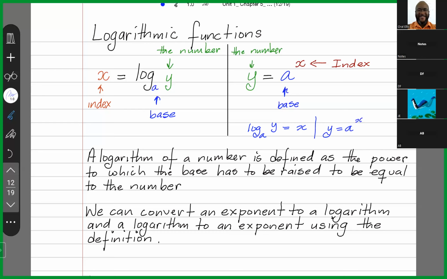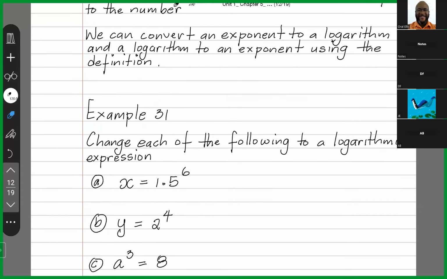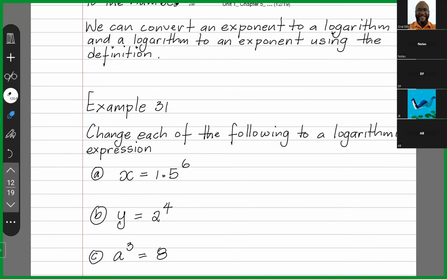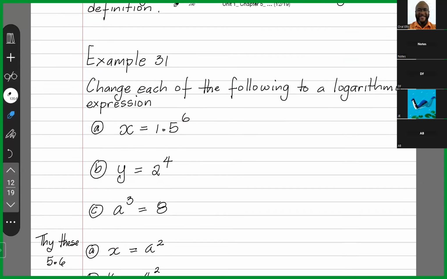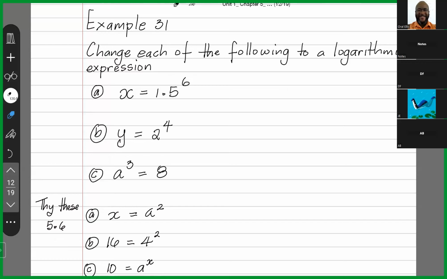It's the definition that allows us to move between the logarithm form and the index form. We can convert an exponent to a logarithm and a logarithm to an exponent using the definition. For example 31, I'll start and then you can finish.